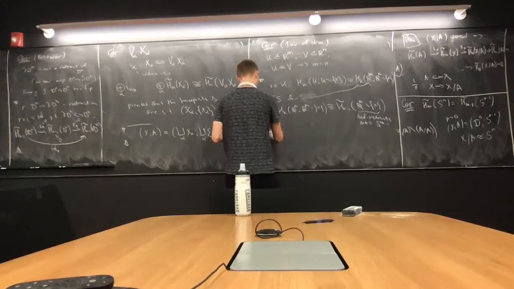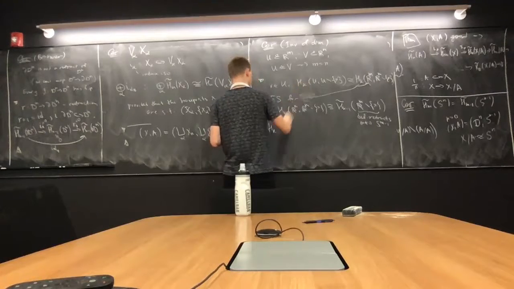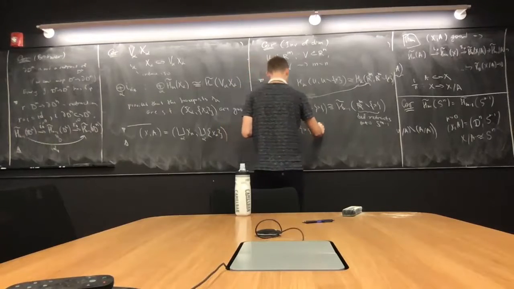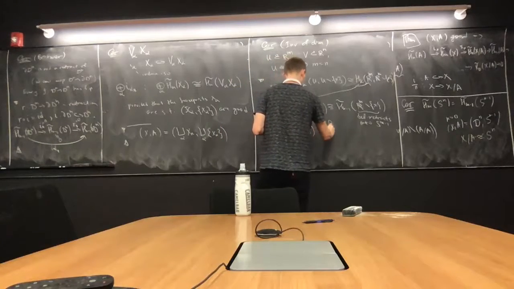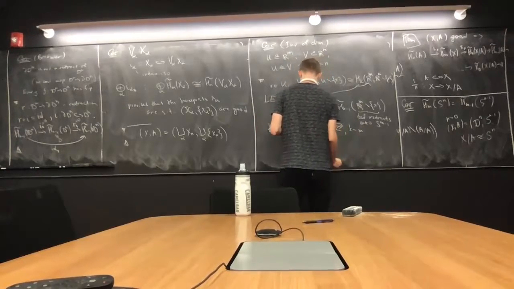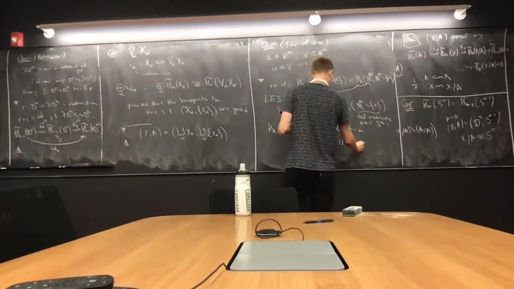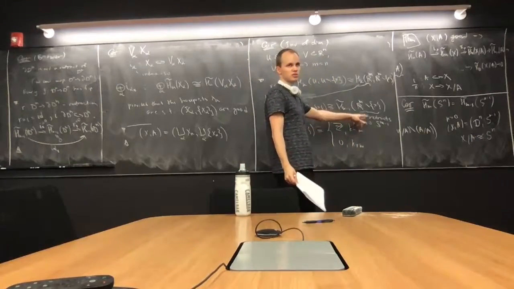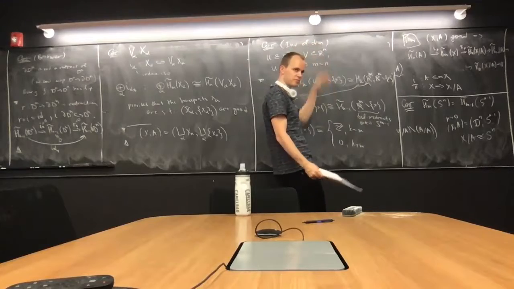So therefore this object that we began with, U minus x, is Z for k equals m, and 0 otherwise, because the reduced homology of the sphere is concentrated in the top degree, and that's it.